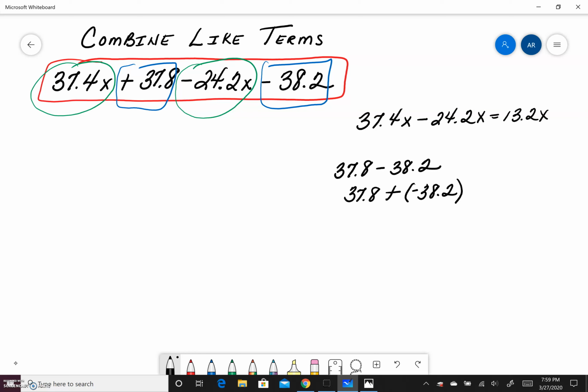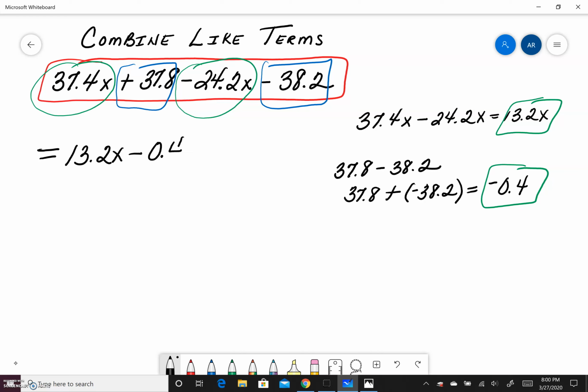They're opposite signs, so you subtract and take the sign of the larger number, and once you plug it into the calculator, you'll end up with a negative 0.4. So I'm going to take these two values now that I have and bring them back into my equation. So that answer would be equals 13.2x minus 0.4.